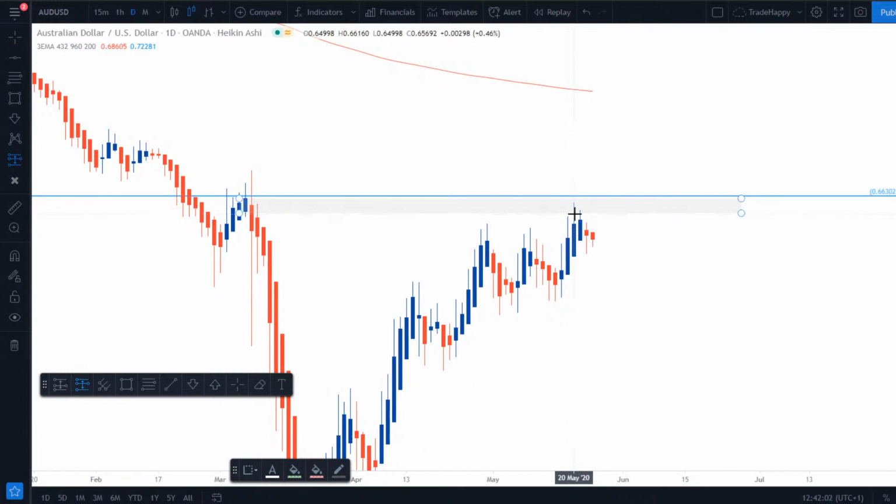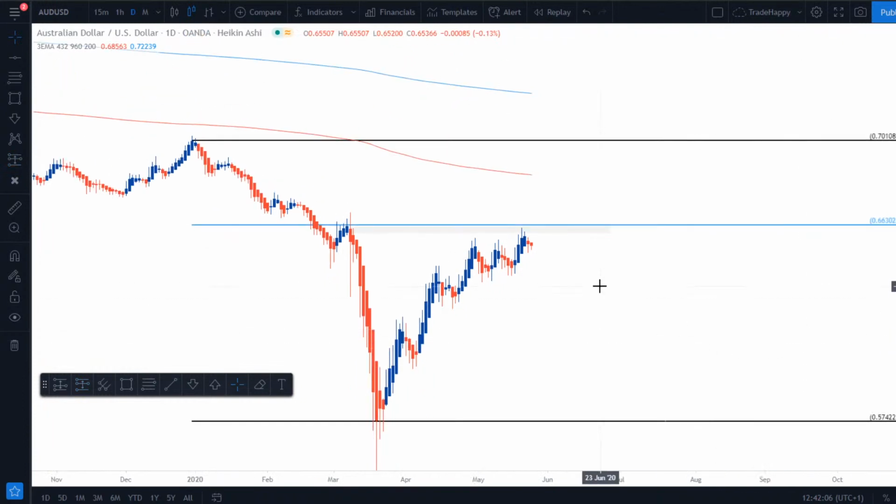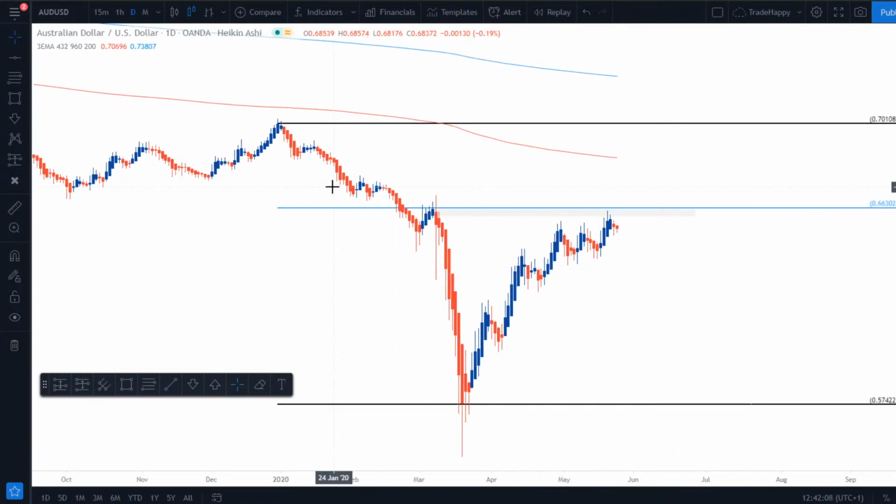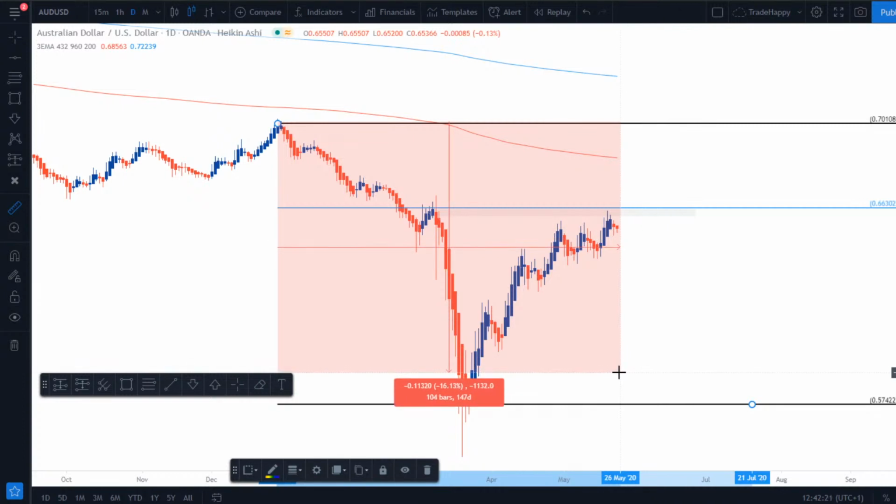Because of the Fibonacci, this is another way. Okay, let me go over this. If it's a small range in terms of the amount of days, and if we just draw this out from here to where we are now, that's over 146 days.